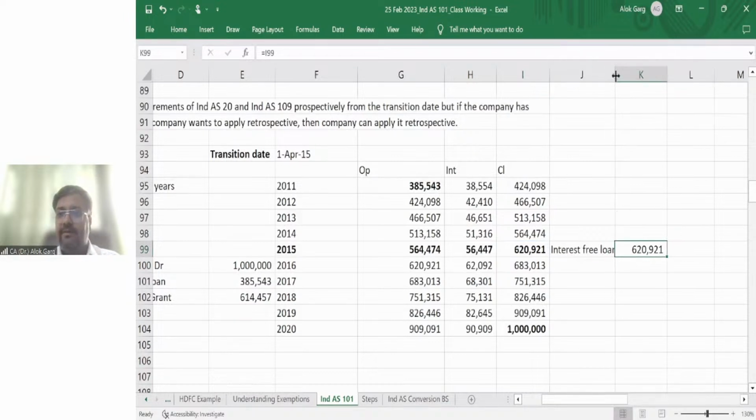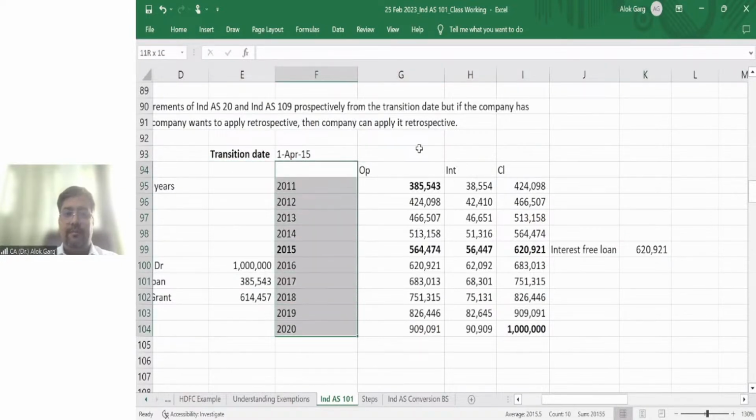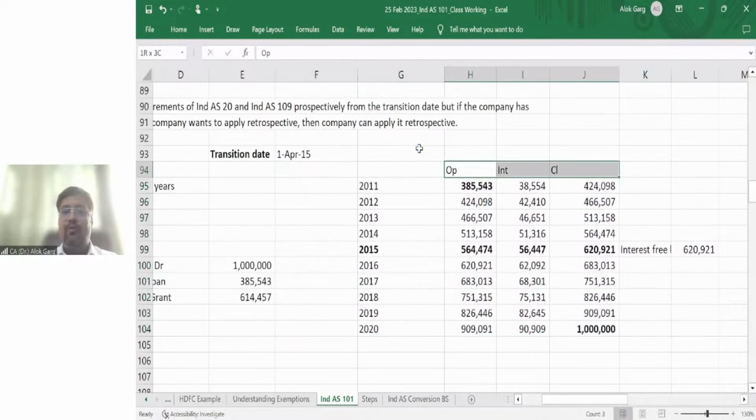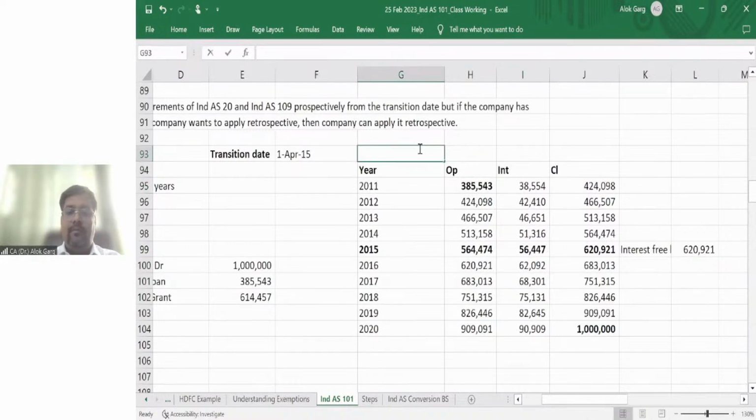Is it right? Is it clear? So this is your loan schedule. Okay. Here. Loan amortization schedule.